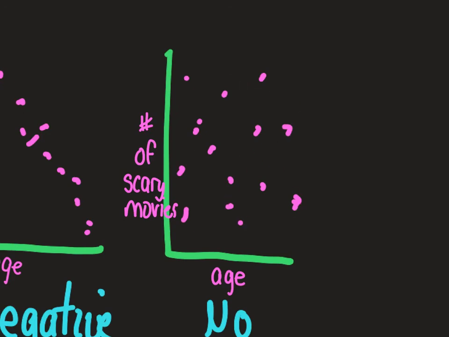Maybe this person is not very old and they haven't seen very many scary movies, but this person is about the same age and they've seen a lot of scary movies. And so scary movies doesn't depend on your age. You don't go, oh, well, I've lived 80 years. I've seen a ton of scary movies. If you hate scary movies, you're going to avoid scary movies, and you're going to be one of these lower dots. So if each dot represented a person I asked, hey, how old are you and how many scary movies? There's no trend to something like that. You can't just say, oh, yeah, for sure. The older I get, the more scary movies I've seen.